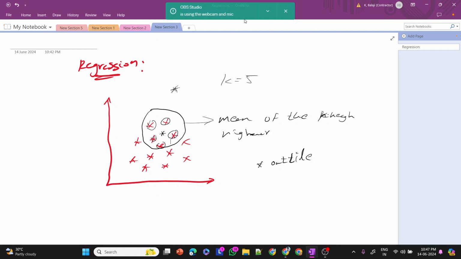Instead of using the large data, it will use only the k value, and classify and predict the output data for an input data.